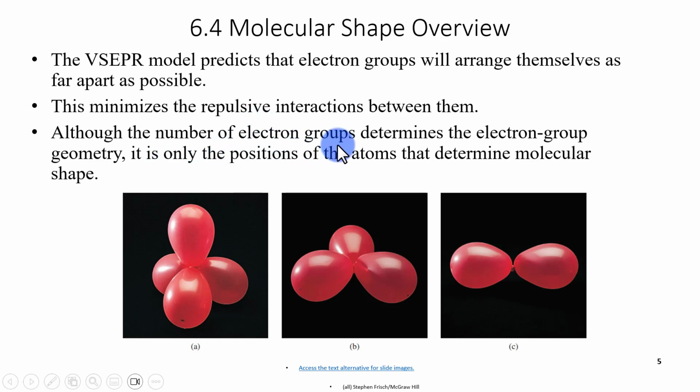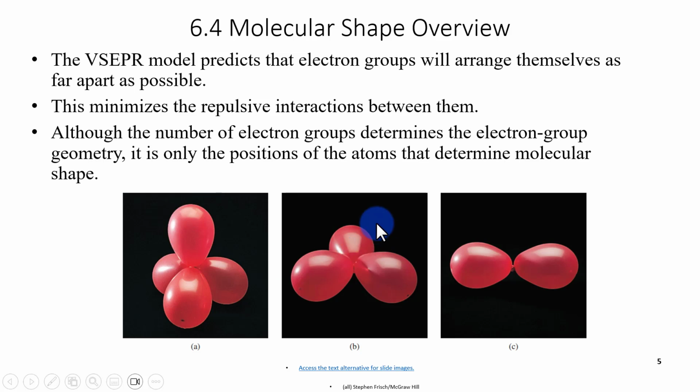Now, the number of electron groups determines the electron group geometry, but the electron group geometry may or may not be the same as the final molecular shape, because that depends on how many atoms we have bonded to the central atom. We're going to look at that in more detail.